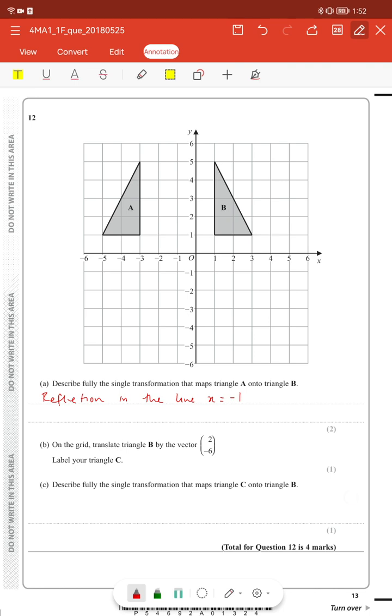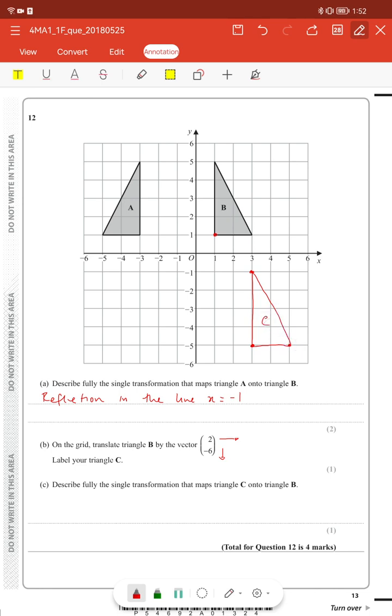So here, remember, the 2 means we're going to move it right by 2 units, and the -6 means we'll move it down. So let's start off with this point. We'll go 2 to the right, and 1, 2, 3, 4, 5, 6 down. And then we can just draw all the other points. So we get a triangle that looks like this.